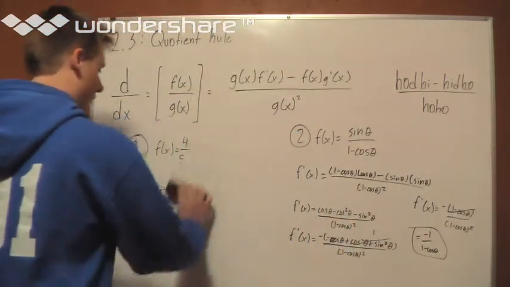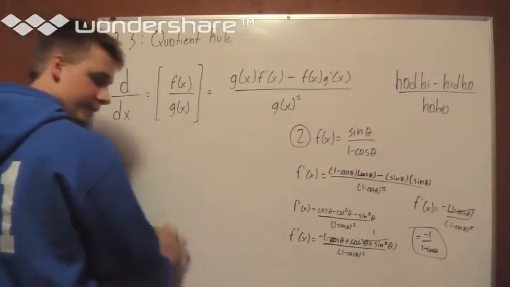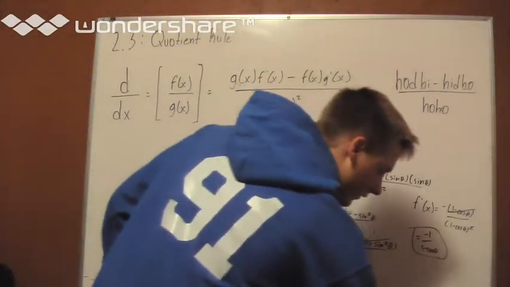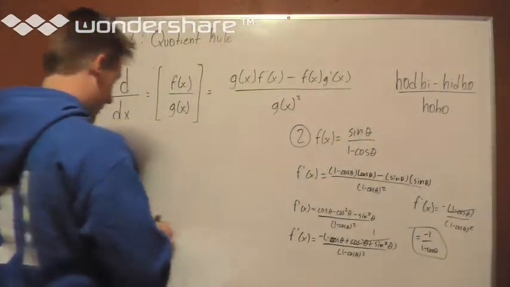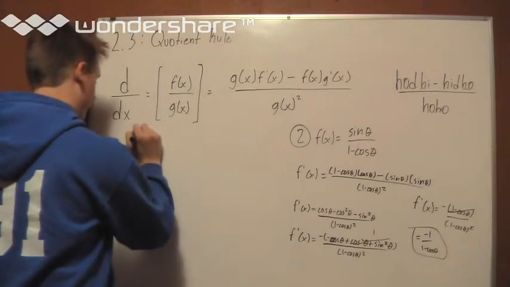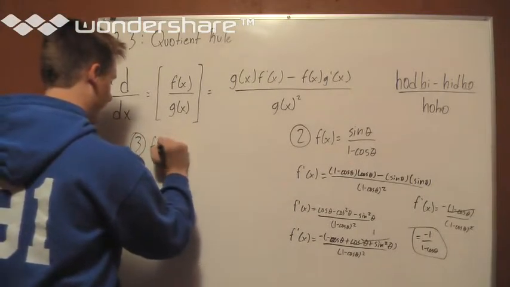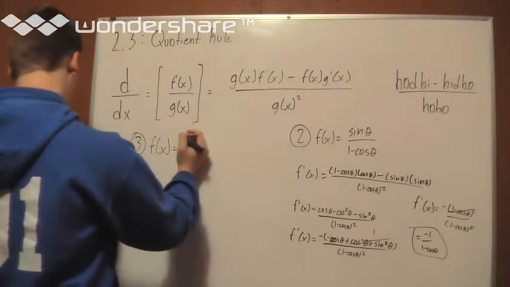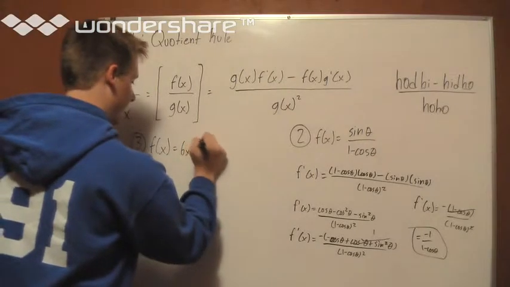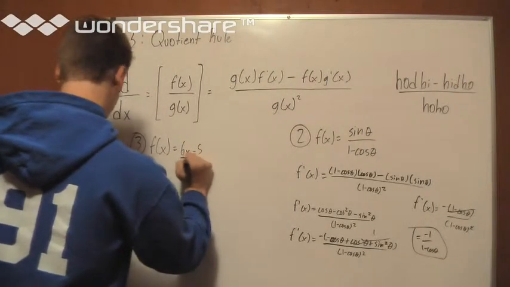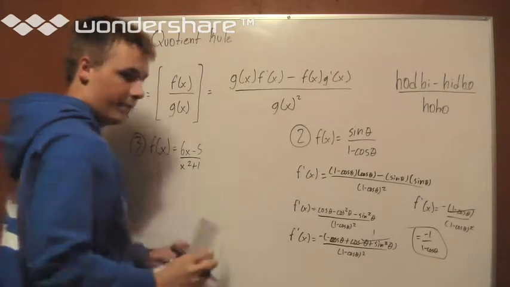Our third example is f of x is 6x minus 5 over x squared plus 1.